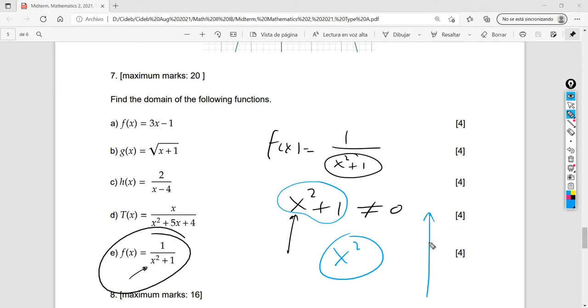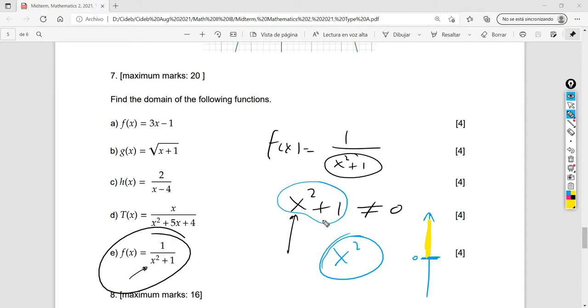If you see it on an axis, if this is the number 0, and then you have positive numbers and negative numbers, the least value of this expression is here. This is the floor, and from there upwards. You see, this thing cannot have any of these values, which is quite clear.